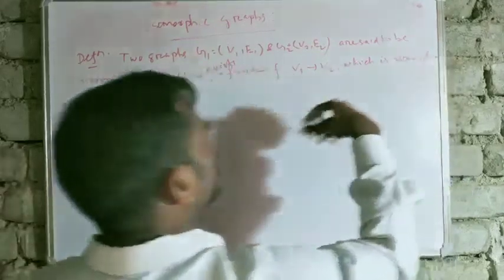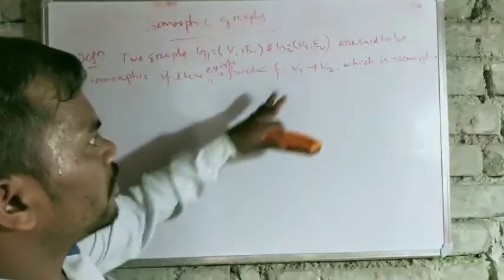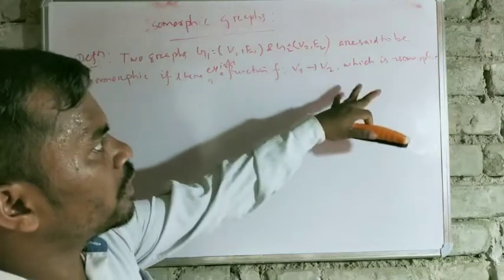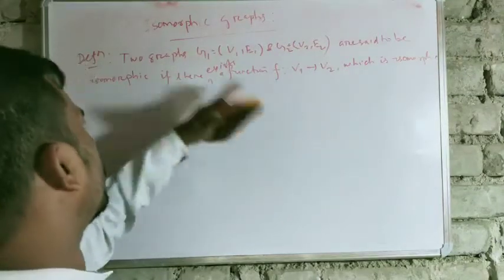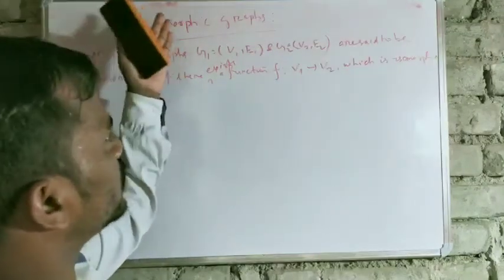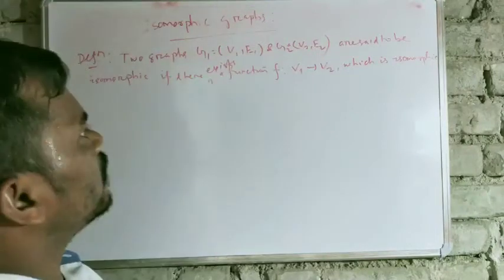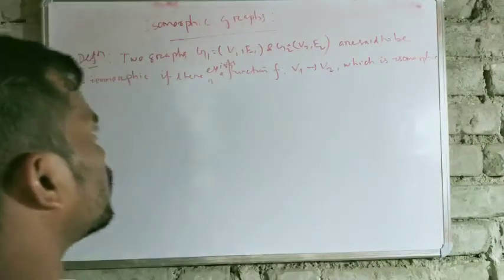It means if there exists a function from set V1 to V2 which is isomorphic, then we will call these two graphs isomorphic graphs.